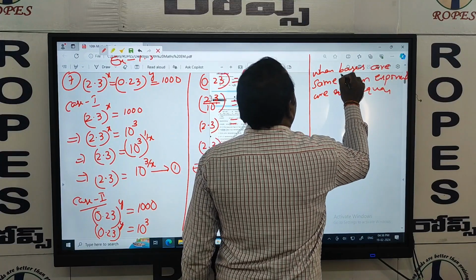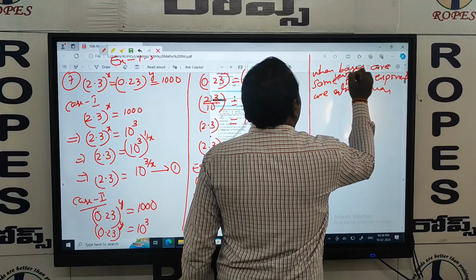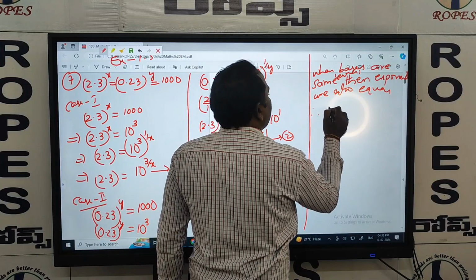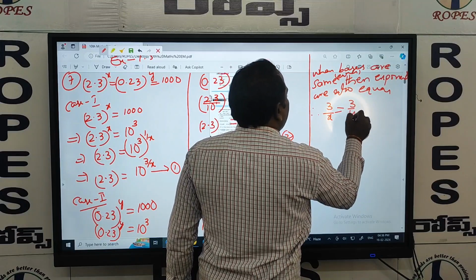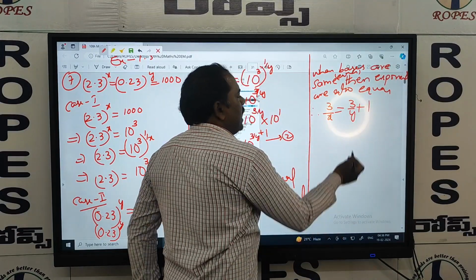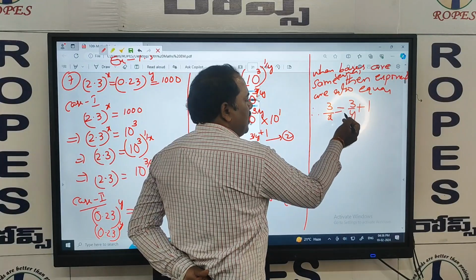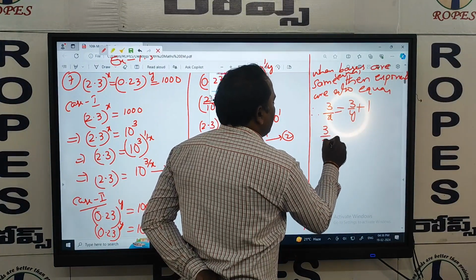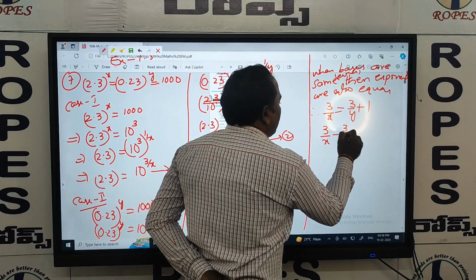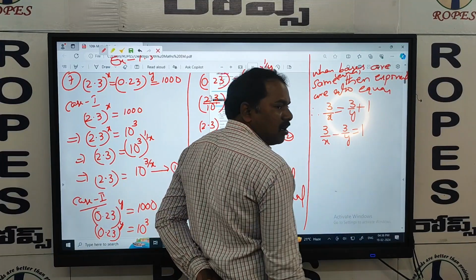Therefore 3/x = 3/y + 1. Here, if 3/y comes to the LHS, it becomes minus: 3/x - 3/y = 1.